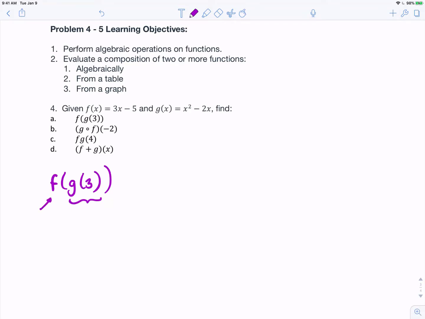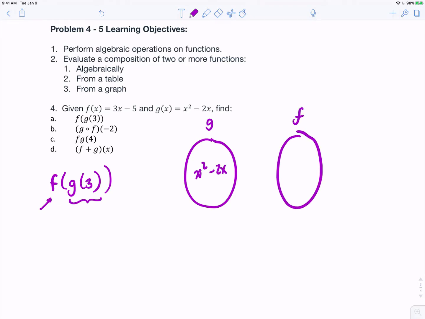For me, I often like to do this by drawing pictures. So our function g is x squared minus 2x, and our function f is 3x minus 5. And so I think of, first of all, taking the number 3 and plugging it into g.